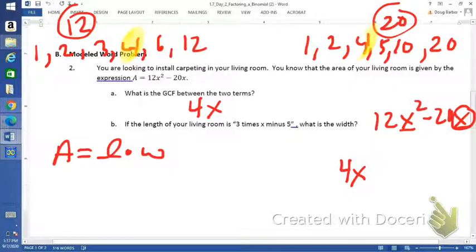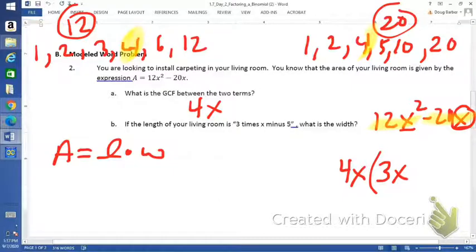Alright. So that 4x gets written outside of the parentheses. So 4x times what gives us 12x squared? Well, 4x times 3x gives us 12x squared. And then 4x times what gives us a negative 20x?